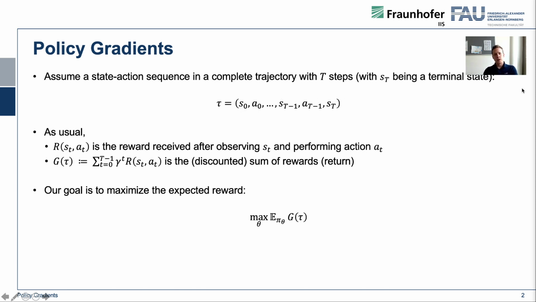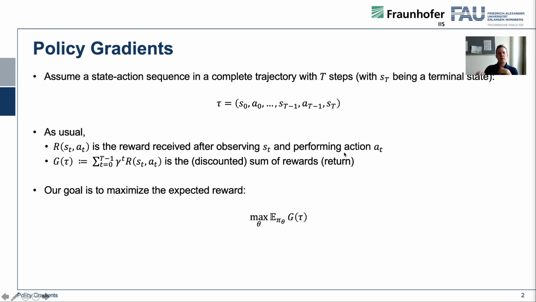And as usual, we have the reward function R of S_t, A_t, which is the reward that we receive after observing the state S_t and performing an action A_t. And we define the return of an episode tau as the discounted sum of the rewards that we see throughout this episode. This is what we also introduced from the beginning.